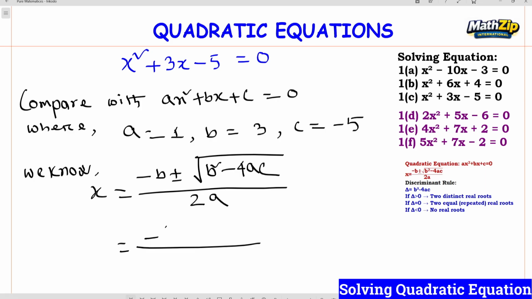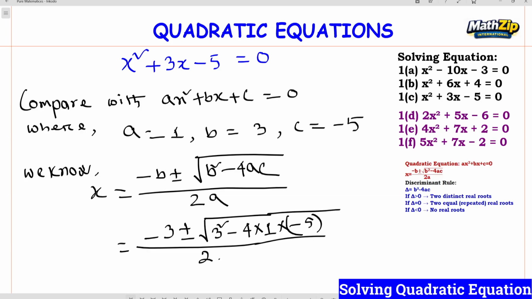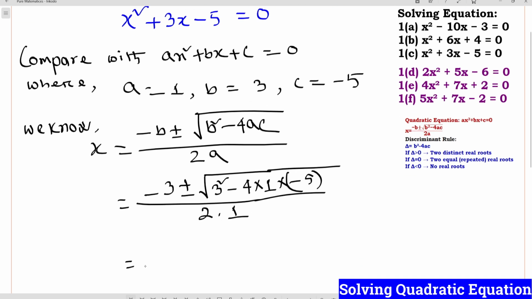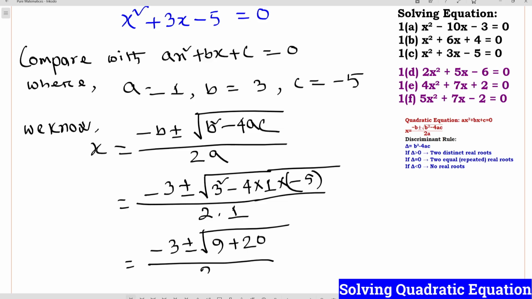Minus b means minus 3, plus minus root over b square, 3 square, minus 4 times a, which is 1, c is minus 5, and then divided by 2 times a, which is 1. We are trying to solve this step by step. So minus 3 plus minus root over 3 square is 9, and minus and minus becomes plus, 4 times 5 is 20, divided by 2.